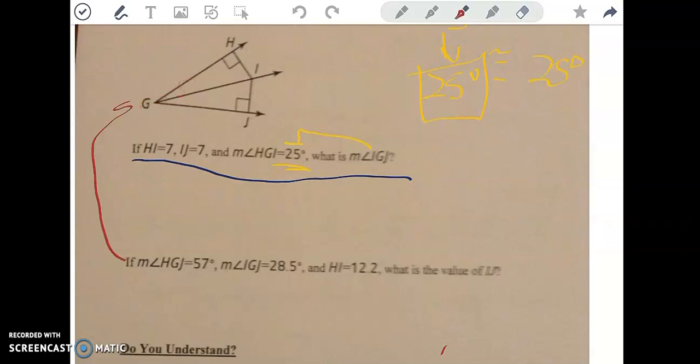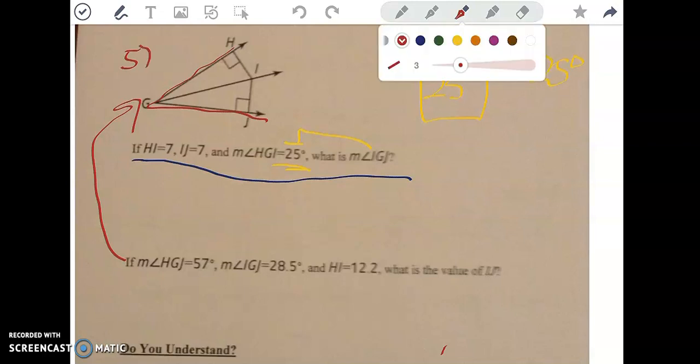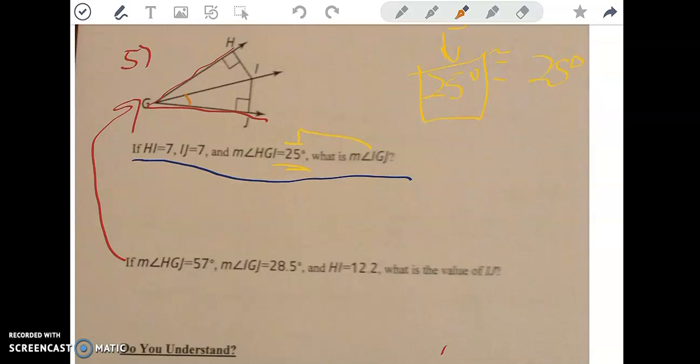So it says HJG, which is the whole thing, is 57. IGJ, which is this one here, is going to be 28.5. Now we want to know, is this the angle that's been bisected?